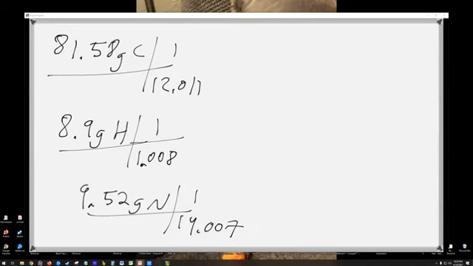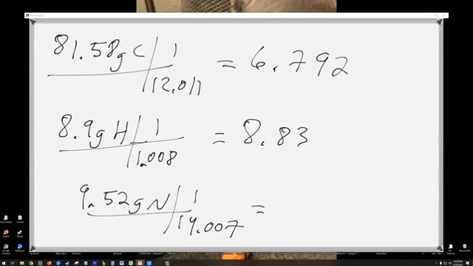We're going to divide each of them by their molar mass. 81.58 divided by 12.011, 6.792 for carbon, 8.9 divided by 1.008, that's 8.83.